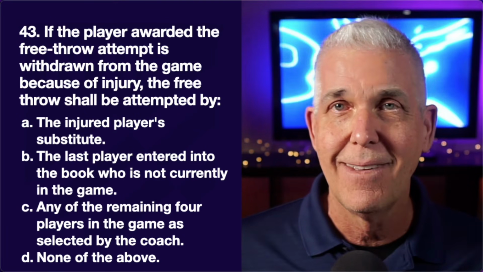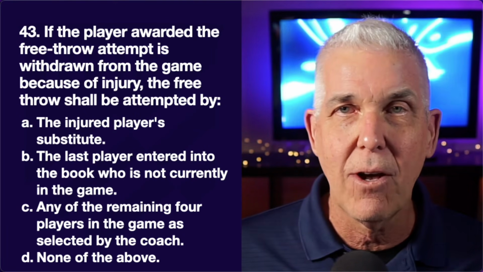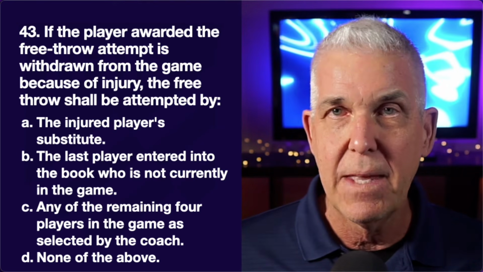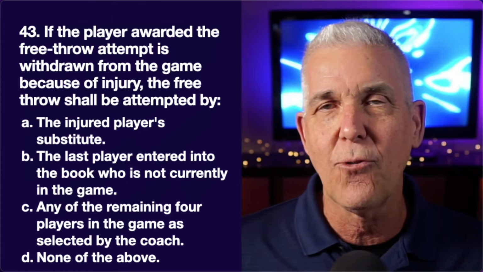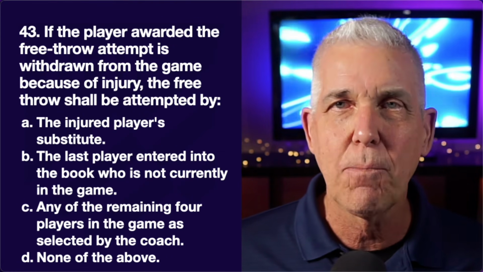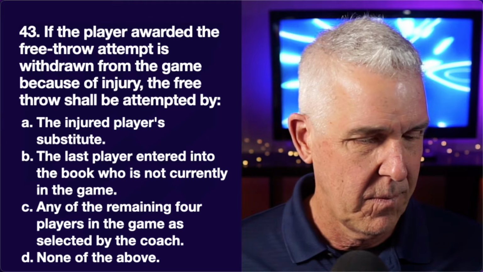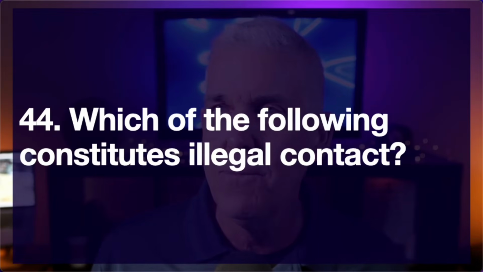Somebody has to shoot them. And it would be a player on the court in that situation. But that's not the intent of the question. Who attempts free throws for an injured player? The injured player's substitute would be our correct answer.